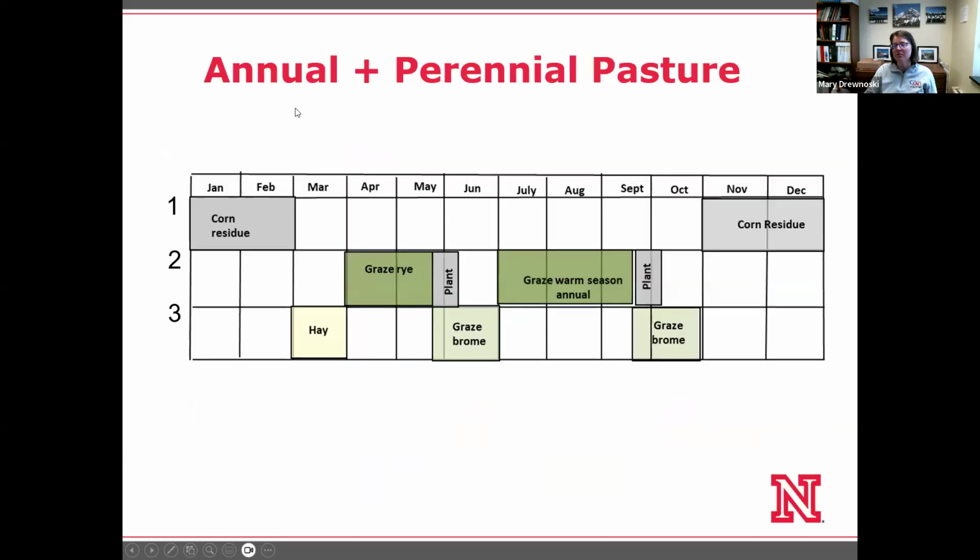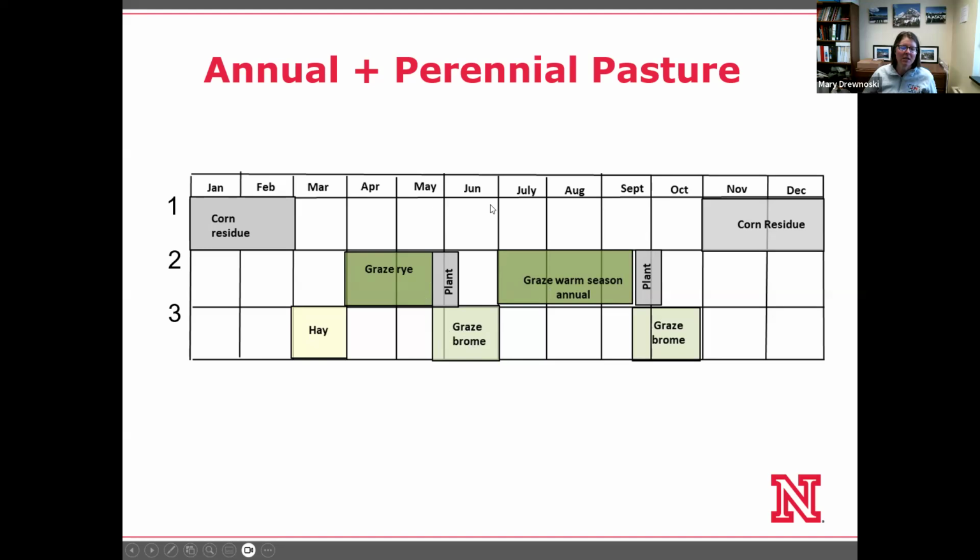Or you can use annuals and fill in for perennials, for instance. And this is actually a system that we're using right now with some of our cows. We are doing the rye grazing in the spring, followed by Sudan grazing in the summer. And in between, instead of planting another annual, that's where we're using our brome grass.